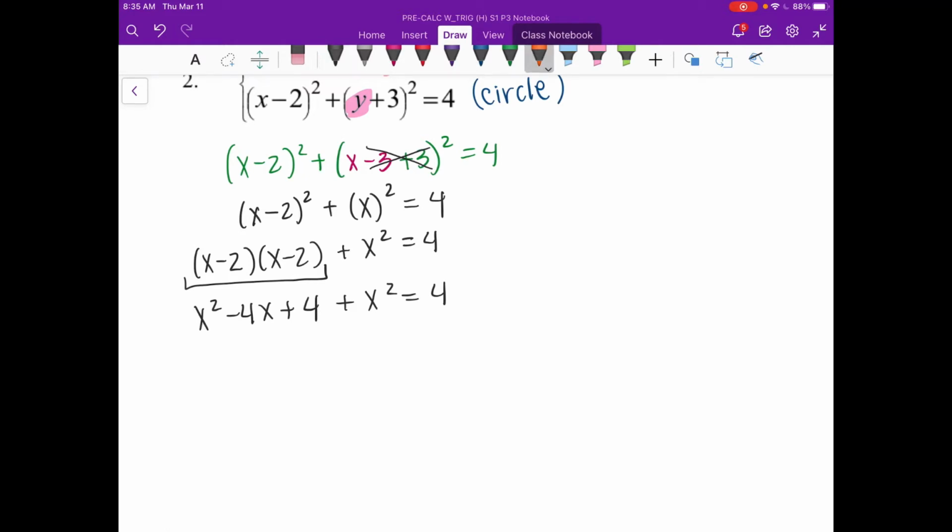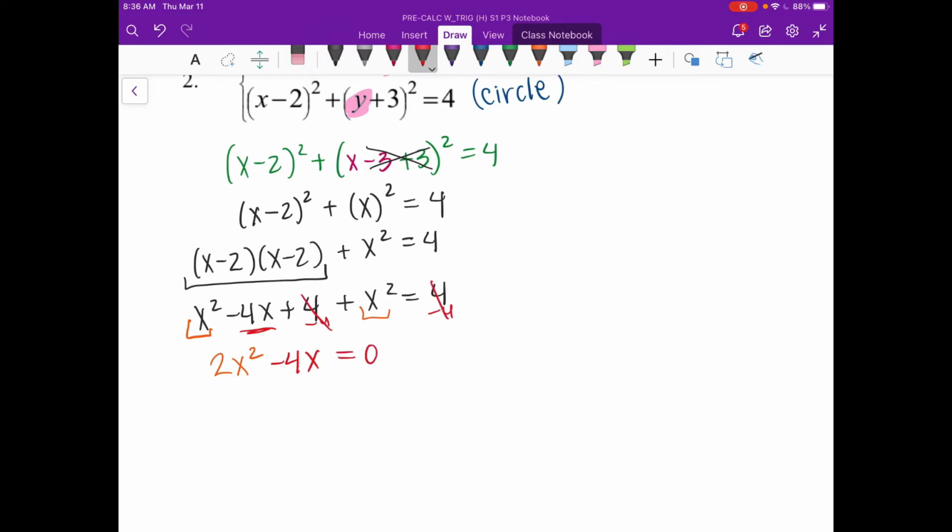So we're going to start combining like terms. I have x squared plus x squared, which gives me 2x squared. And then I have this negative 4x. And then if I move this negative 4 over this way, they're going to cancel out. So then I just have that equal to 0.